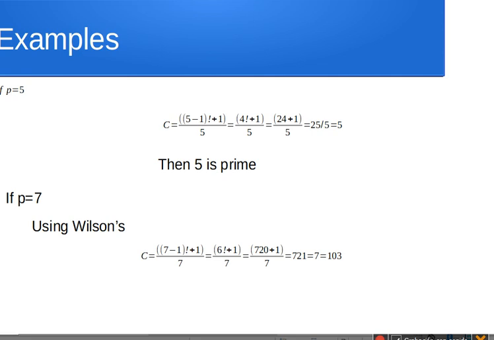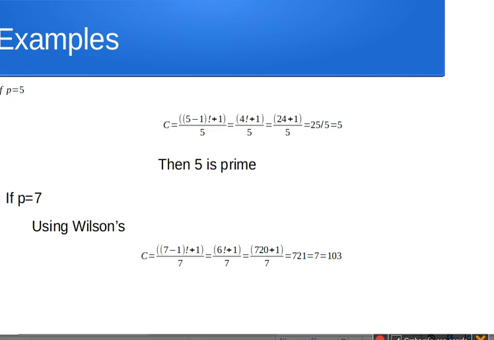First, using Wilson, if P is 5, using the equation of Wilson, the value of C is 5. That is an integer value. That means that 5 is prime.